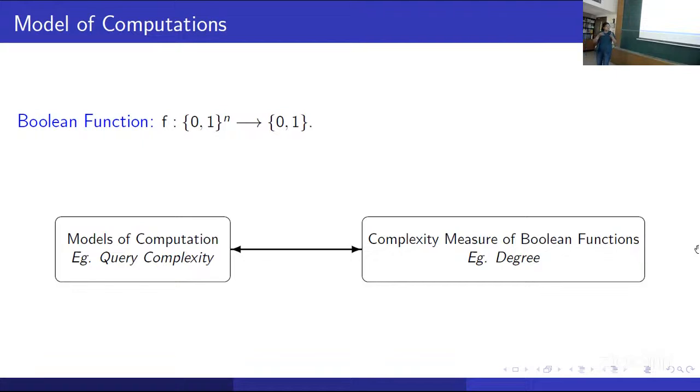There are also complexity measures that are not directly query complexity measures, but relate nicely to the query world. For example, degree, which I will define when we get to it. It's an algebraic measure, but it relates very nicely with the query complexity measures that we'll be talking about.